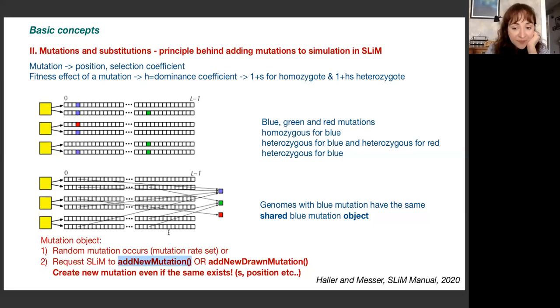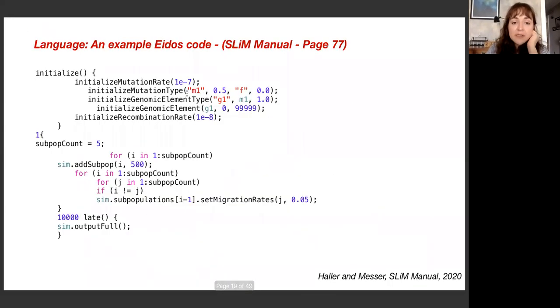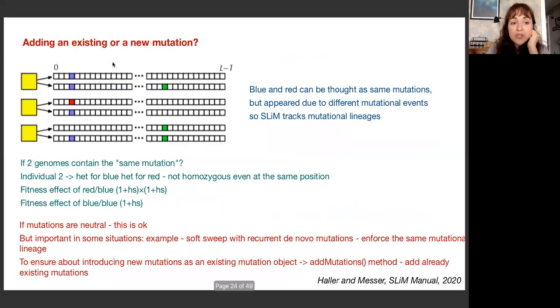And when you check this, you can see that genomes with the blue mutation have the same shared blue mutation object. So this is just a mutation object, and you define it here like this. So M1 is the mutation object, and you add it to your genome, not to a nucleotide, just a mutation.